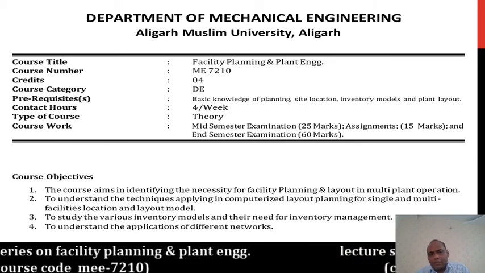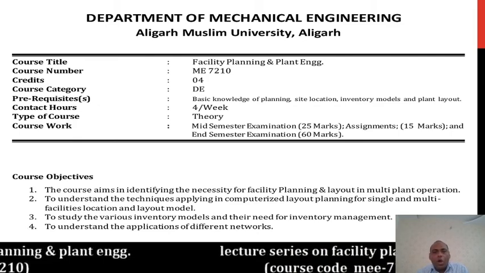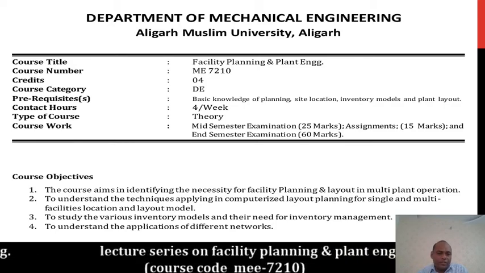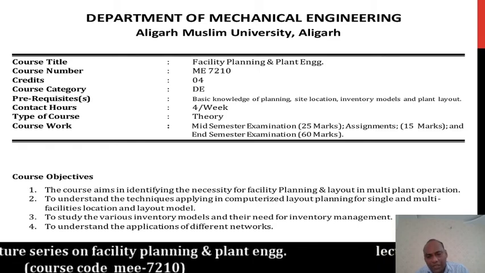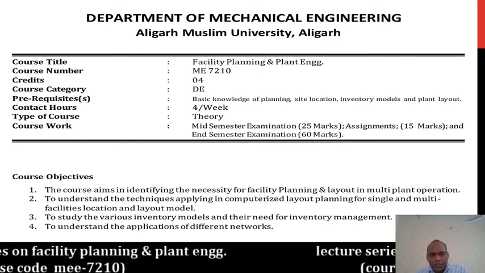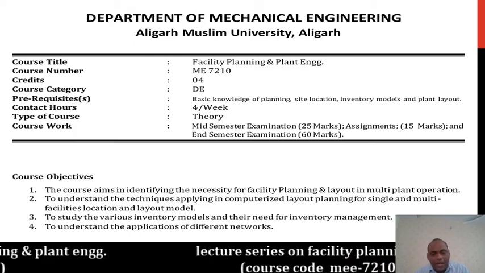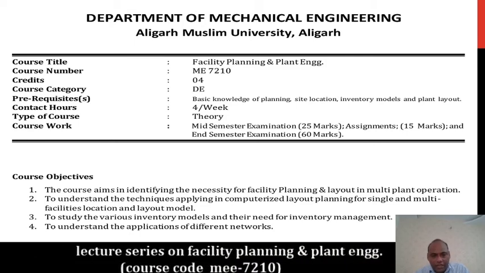In this subject, you can understand how to do planning in industries, and there are different types of industries. If you are talking about manufacturing industries, or service sectors like hospitals, etc., there is a need for some planning, and different types of facilities are provided there.